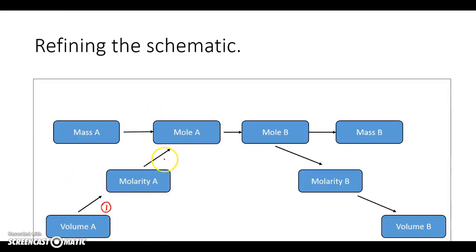As in the first two problems, I have volume, so that's where I'm going to start, and then move from there to molarity, to then moles, then from there mole B, and getting to molarity, which is right over here. All right, so let's write that schematic for ourselves.